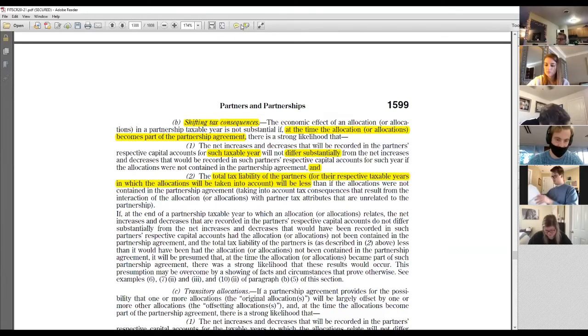So baseline allocation scheme, compare the capital accounts to the baseline scheme, and then compare the total tax liability of the partners under the baseline scheme and under the special allocation scheme.